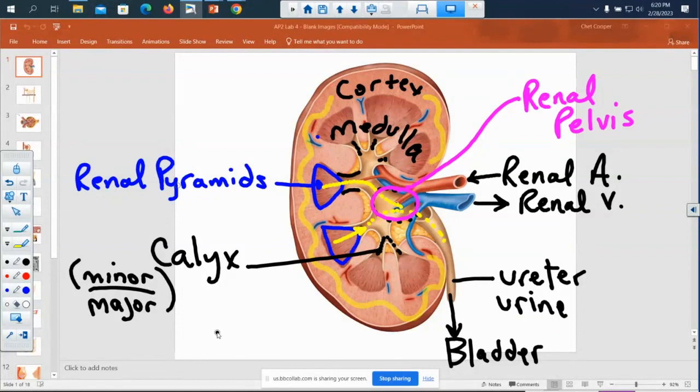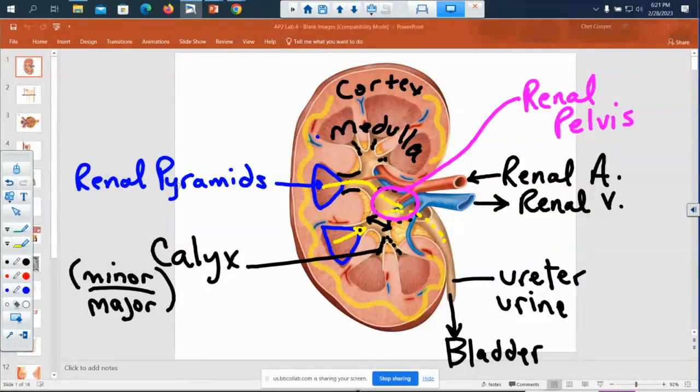But if you look right across here, just past the renal pelvis, that tube actually leads to 1, 2, 3. So they would call it major. So the smallest branches are called minor, and bigger branches are called major. And then all those majors lead to the renal pelvis.